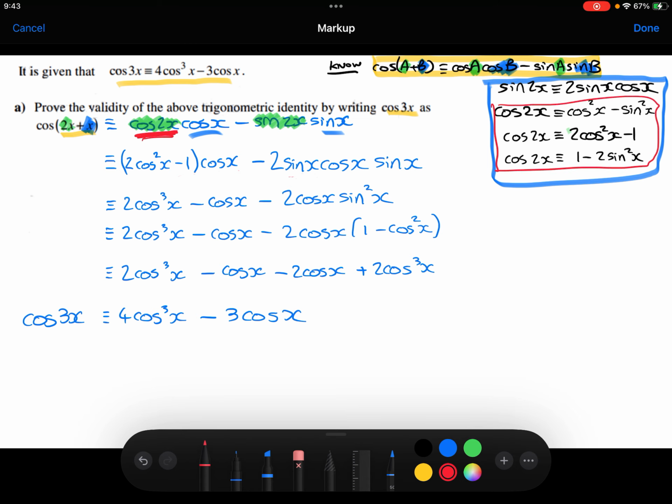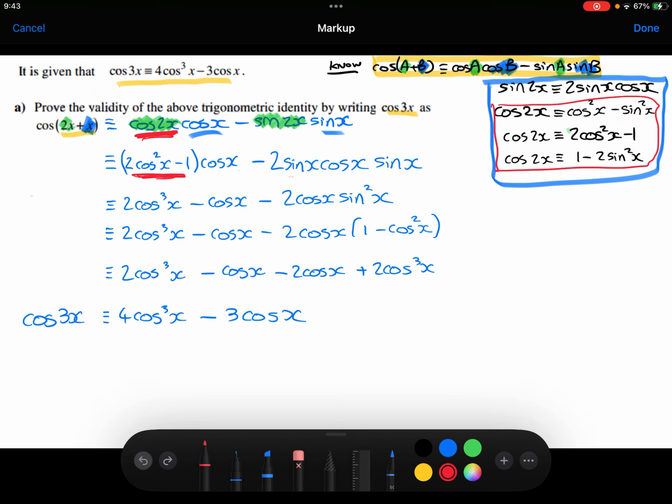As you can see, I've chosen to use this version. The reason why I did that is I want to have my answer only in terms of coses. I don't want any sines at all. The sine 2x, there's only one way I can rewrite that, which is 2 sine x cos x.